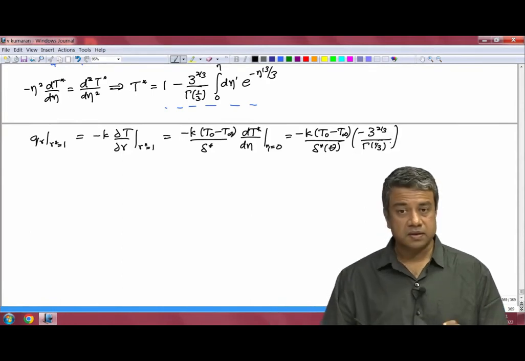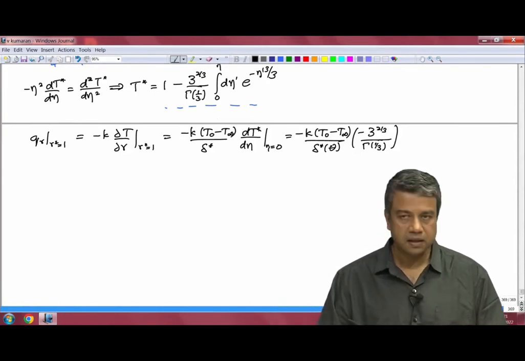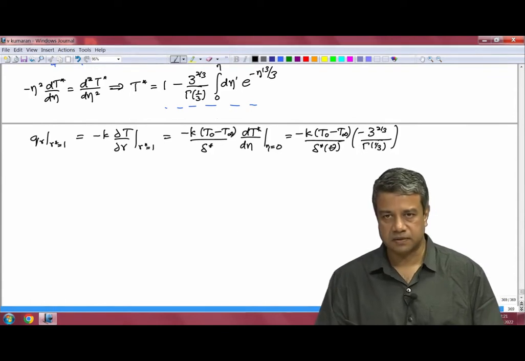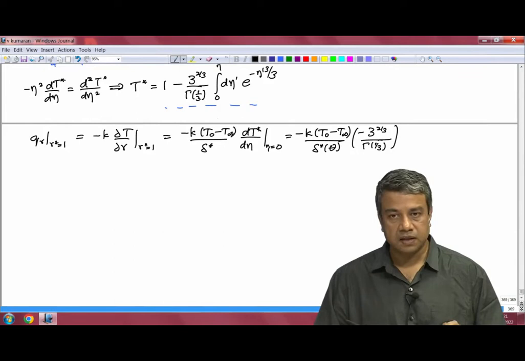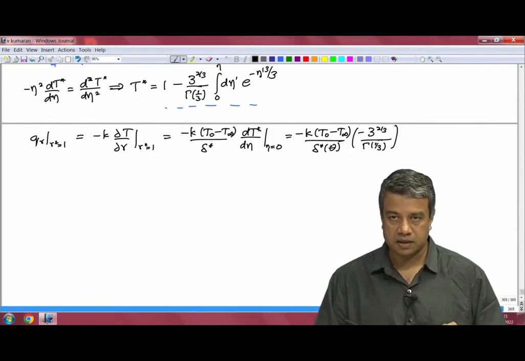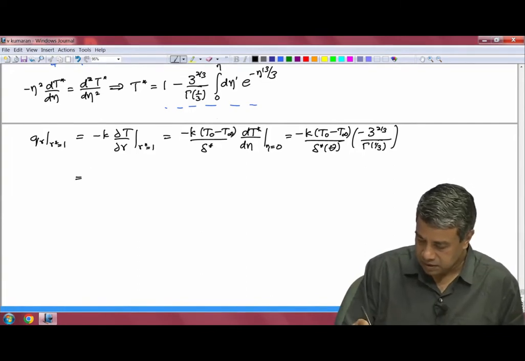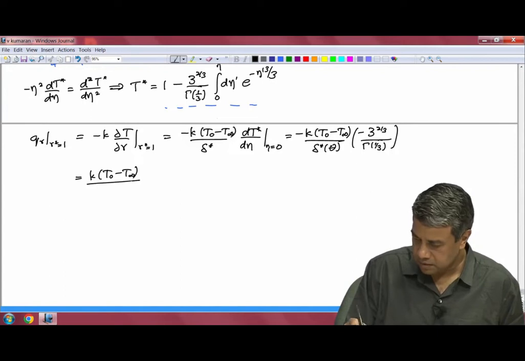This was the same solution that we had got for the heat transfer from a flat plate as well. So, the temperature in terms of eta turns out to be the same. The flux in terms of the boundary layer thickness turns out to be the same. So, this is equal to K into (T naught minus T infinity) by delta star.